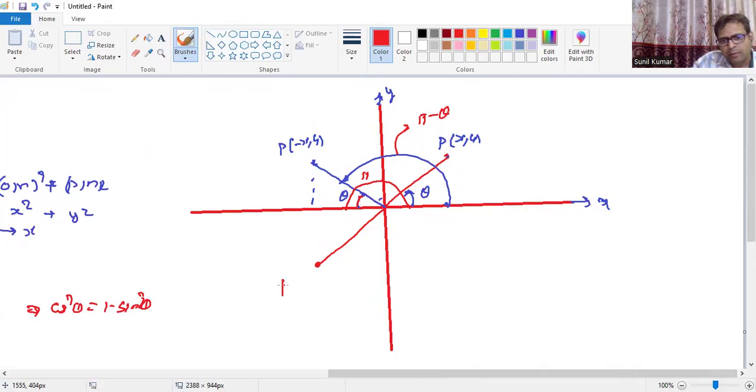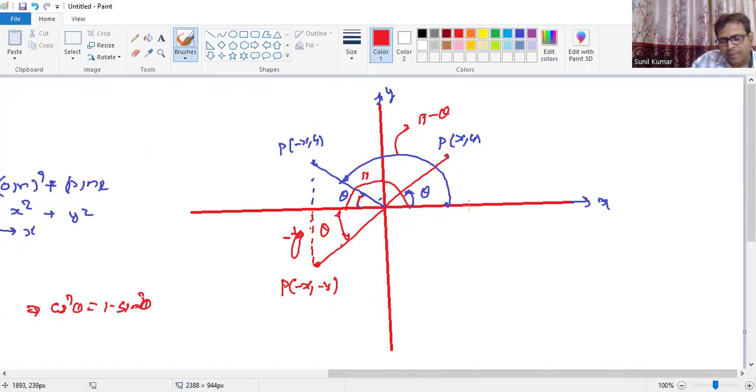Similarly, if you are going to use the same point in the third quadrant, here we can use x comma minus y. Okay, and again here we have an angle theta with respect to this axis, and the coordinate again here, so we can write minus y and minus x here. Okay, so what can we write in this case?